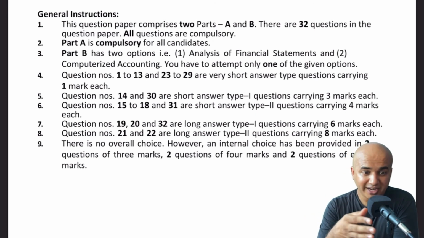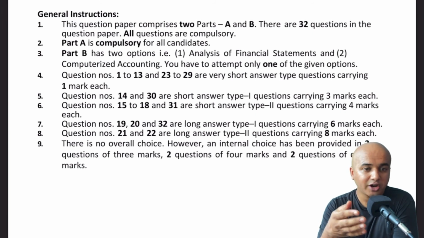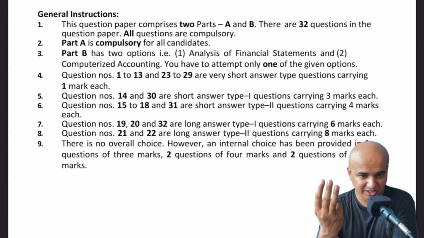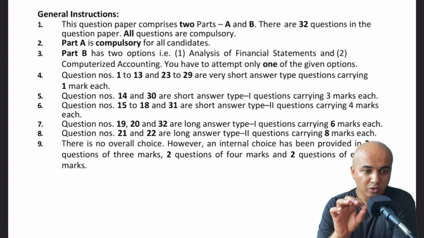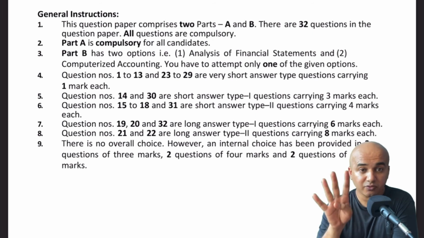Now question numbers 14 and 30 are short answer type questions carrying 3 marks each. Then question numbers 15 to 18 and 31 are short answer type 2 questions carrying 4 marks each. That means we have 1 markers, 3 markers, 4 markers.